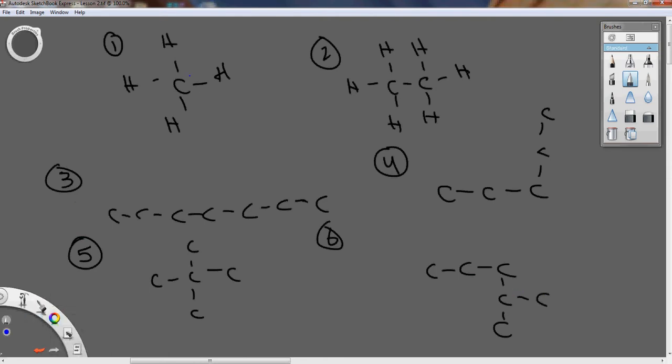Problem number 1. So, hopefully you guys remember the two things you have to remember when naming organic compounds. The first thing you have to do is find the longest chain or longest path. In this case, there isn't really a path for question number 1.